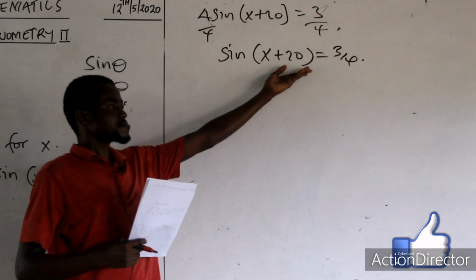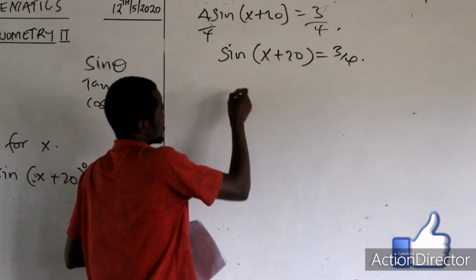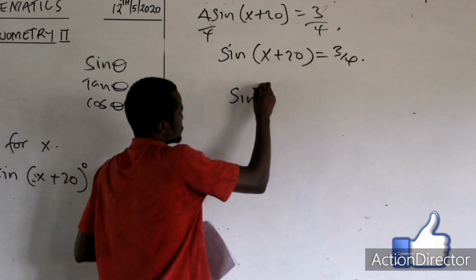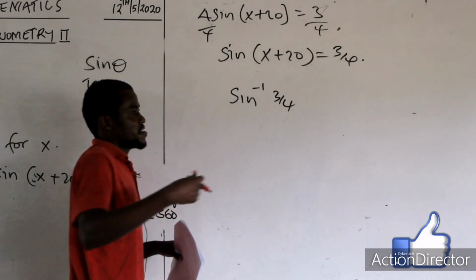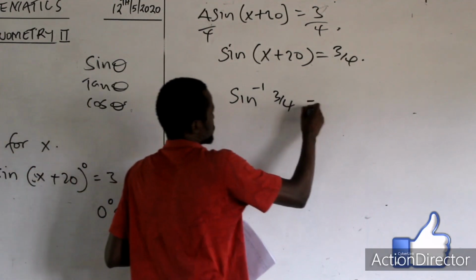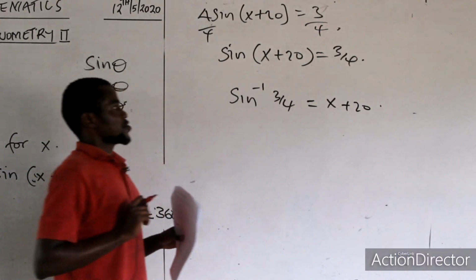Having reached this level, we can get the sine inverse of 3 all over 4. The sine inverse is giving us the angle, and the angle that we are concerned with is the angle x plus 20.